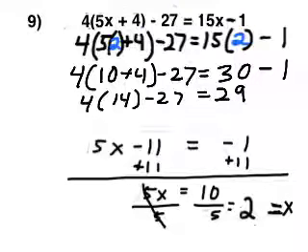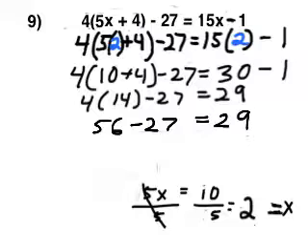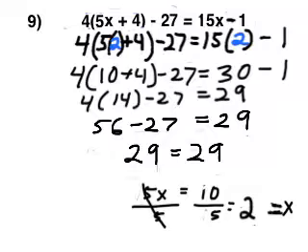And I need more room. 4 times 14 is 56 minus 27 equals 29. And 56 minus 27 is 29. So 29 equals 29. So 2 was correct after all.